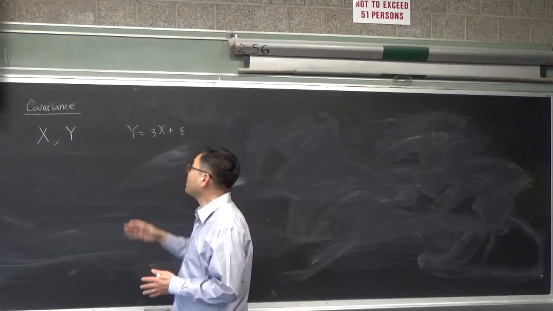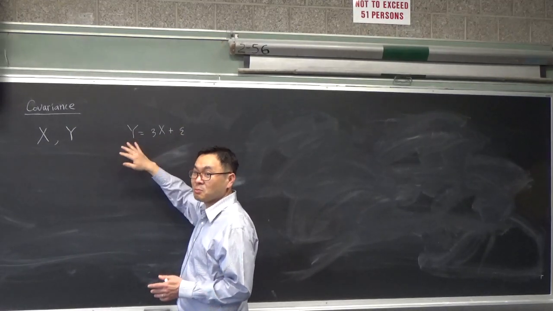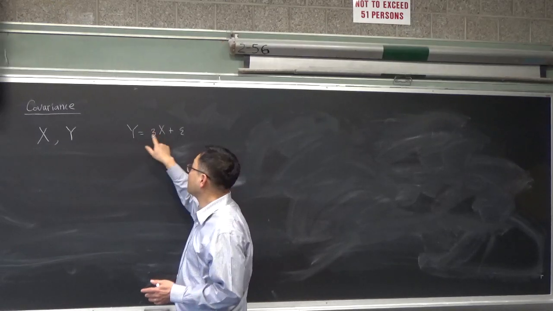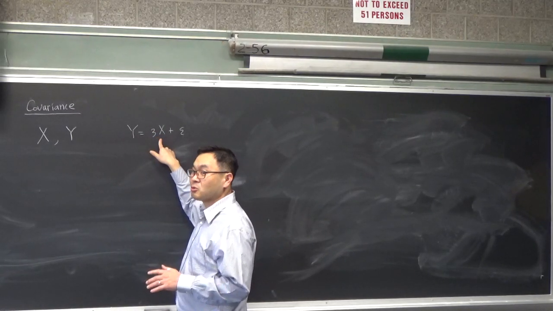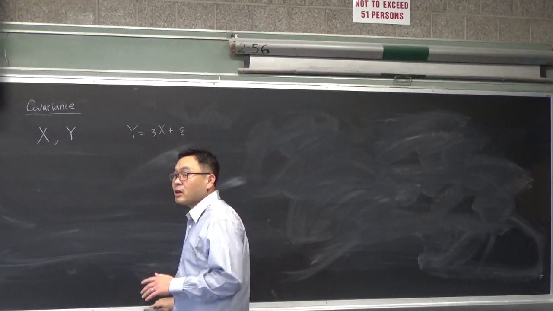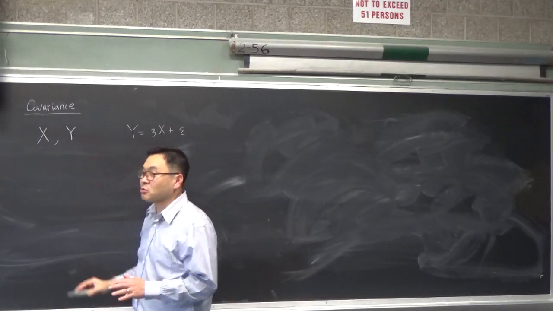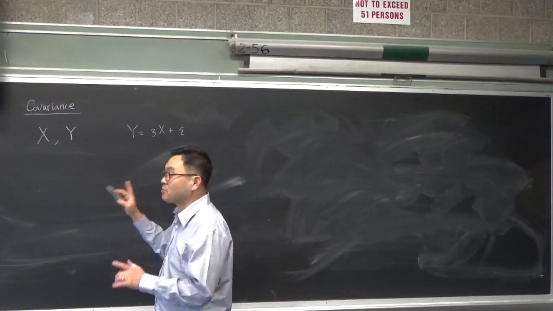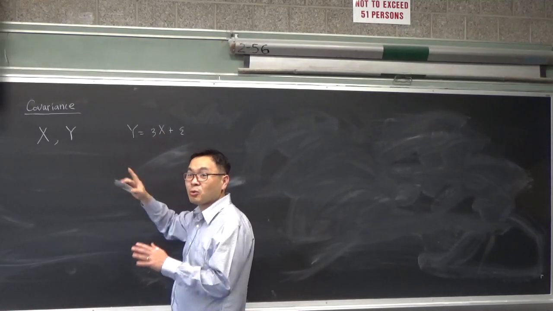In fact, this is the basic model that people use to model two somewhat related random variables, assuming there's some kind of noise. So there can be two random variables that are not exactly a function of the other, but nonetheless there could be some kind of correlation between them.